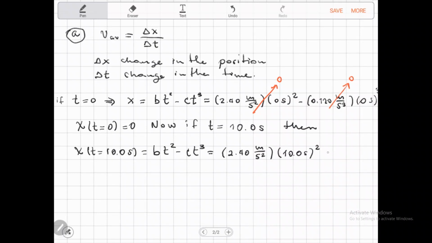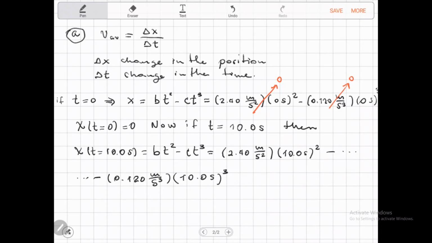Minus, we don't have enough space here to keep writing, so we go to the next line. This case is going to be minus c, right? What is c? C is 0.120 meters per second cubed, multiplying, in this case, 10.0 seconds cubed, right?